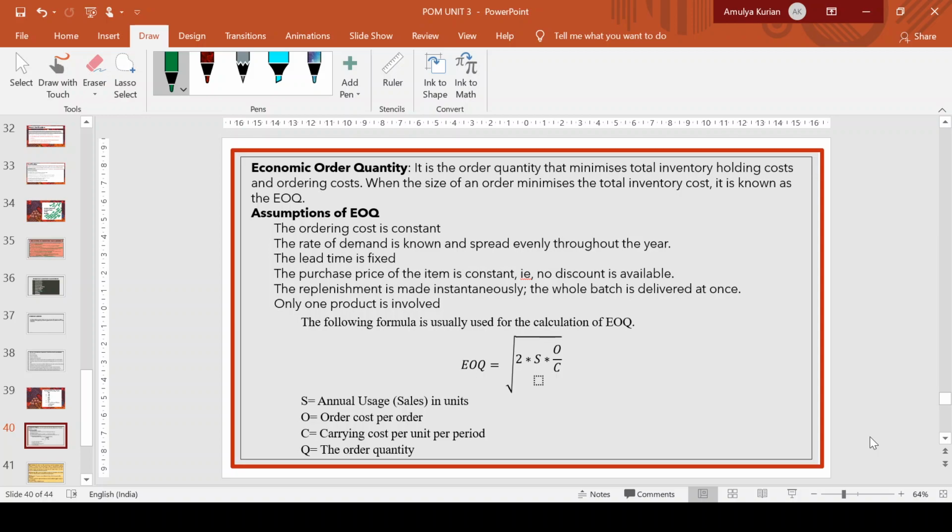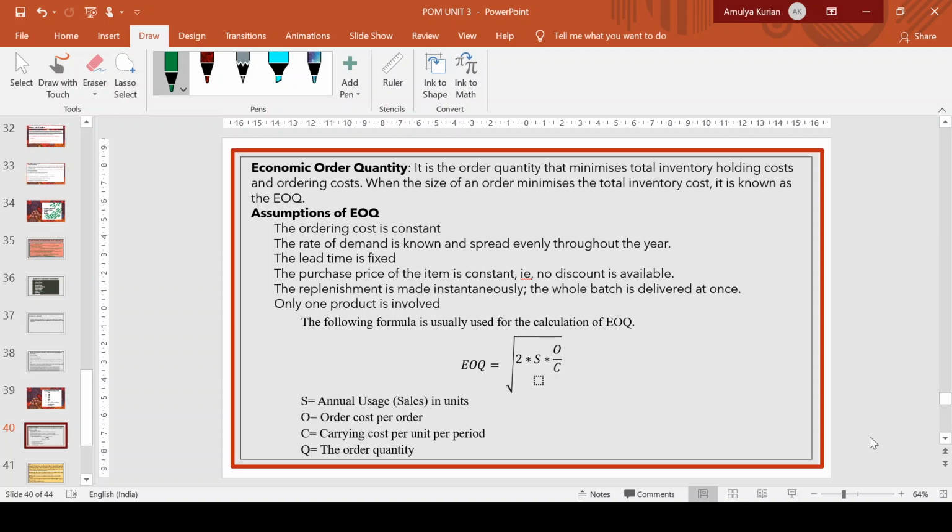So the formula for EOQ is the square root of 2 into S into O by C, where S is the annual usage or sales, O is the ordering cost per order, and C is the carrying cost per unit per period, and Q is the ordering quantity.